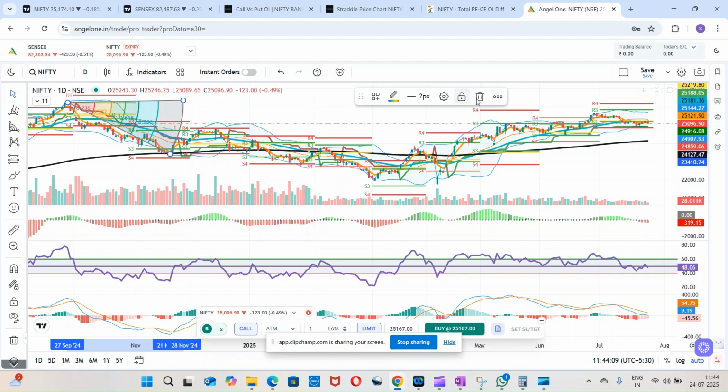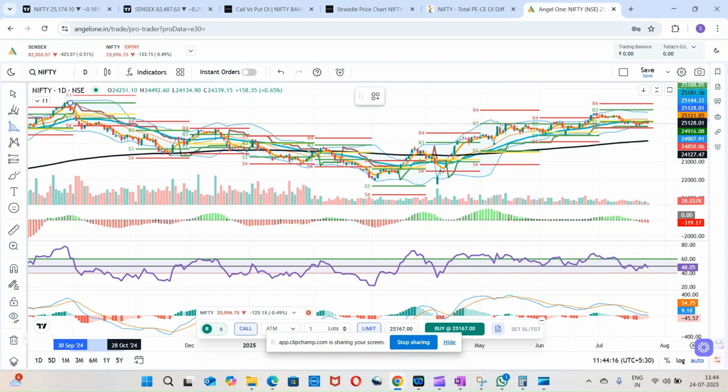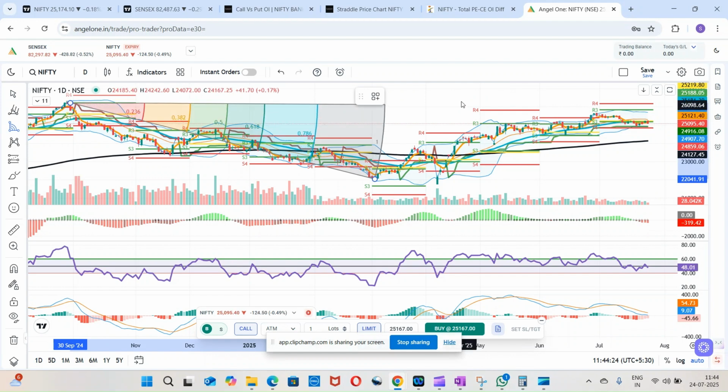Let us draw it on a bigger time frame. So let's take this wedge and draw it from here to here, because this is where the market has shifted. If you see this, the market has come here, retraced to 0.6, 0.5, and then continued the trend.